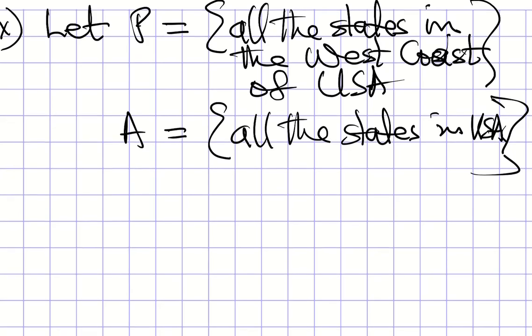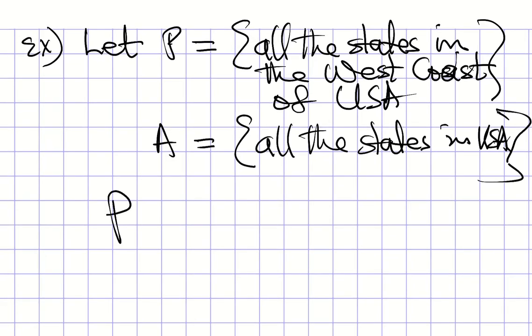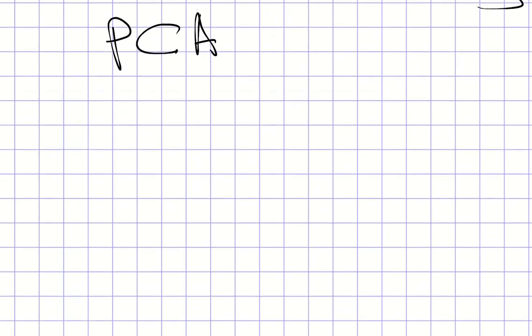So that means that P is a proper subset of A, because A has more elements, right? A has 50 elements, P has 3 elements. As long as A has 1 element more than P, then P is a proper subset of A. That's all that is saying. Don't get confused, sorry, it's a lot of stuff to cover today. I want to cover all this stuff today.